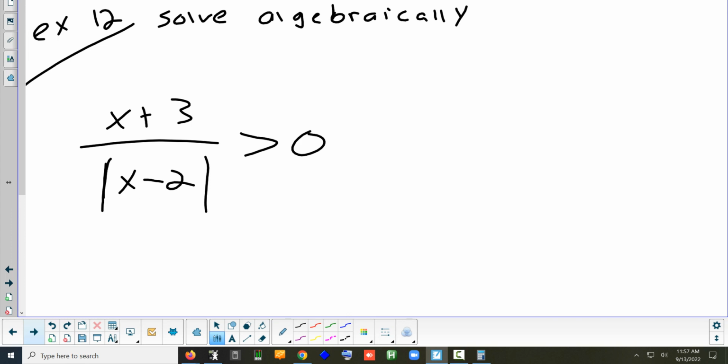Well, think about it, we want to know where it's greater than 0. So tell me one way that a fraction can come out greater than 0. If you had what kind of number in the top and what kind of number in the bottom? The numerator greater than the denominator. What do you mean?